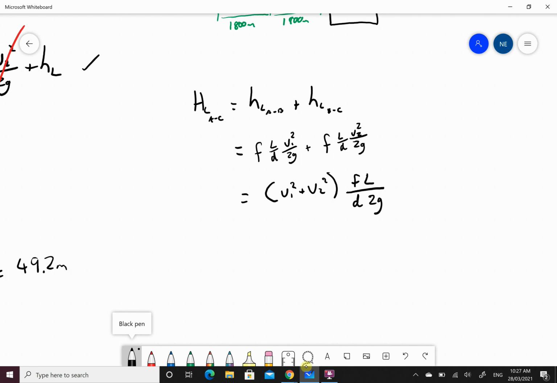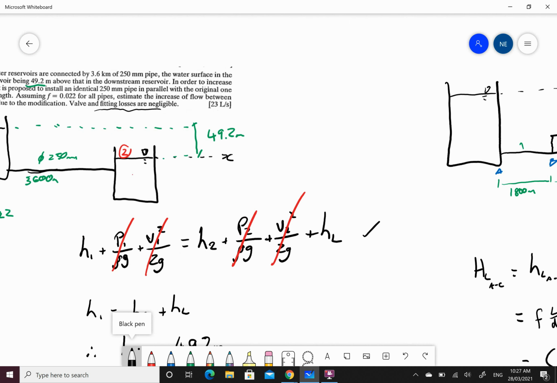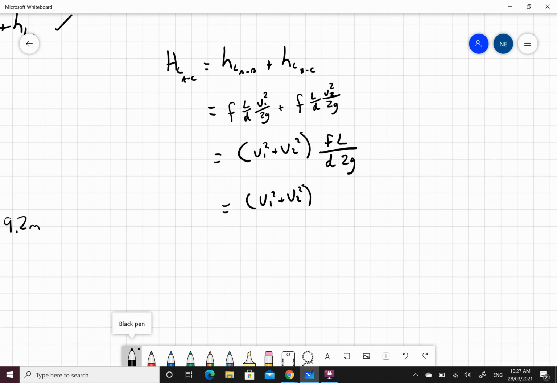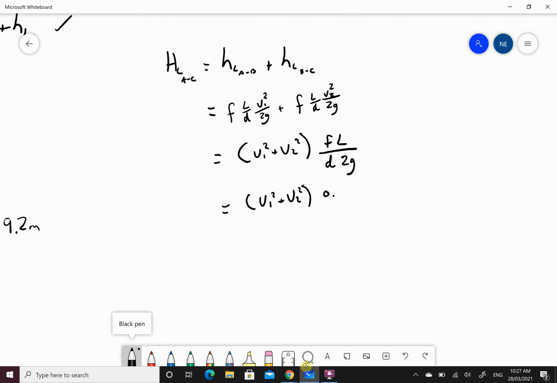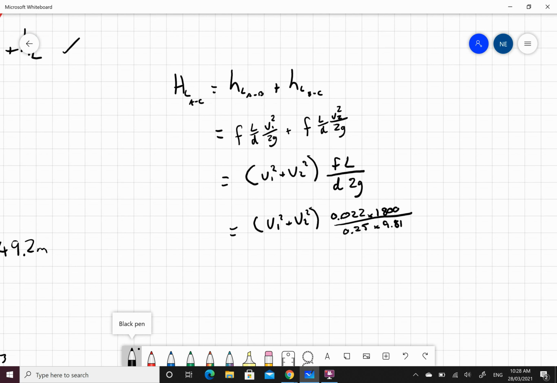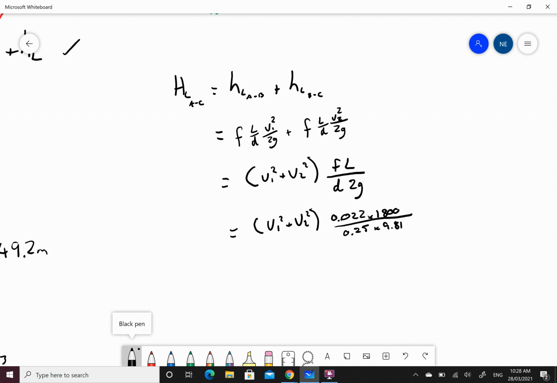Punch in these numbers, and what we end up with is V1 squared plus V2 squared, times friction factor 0.022 times 1800 all over 250 times 1.81.